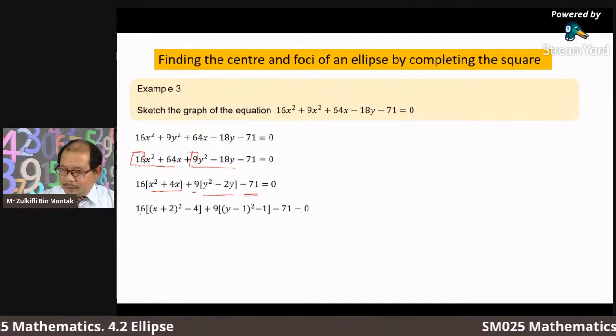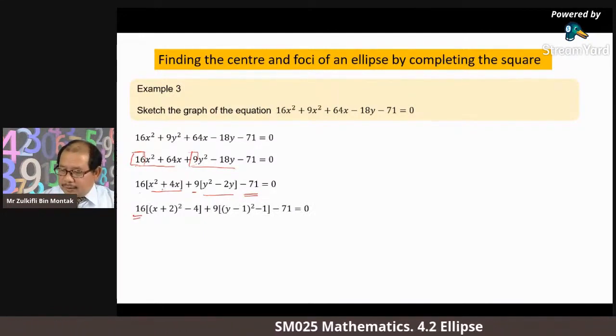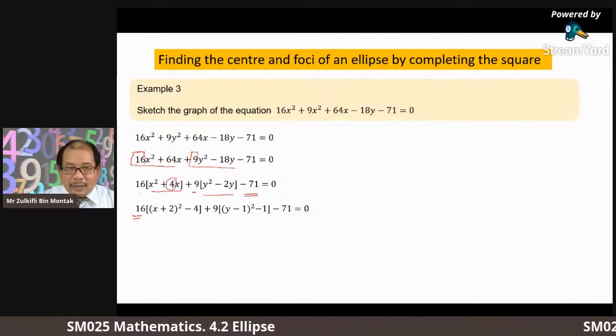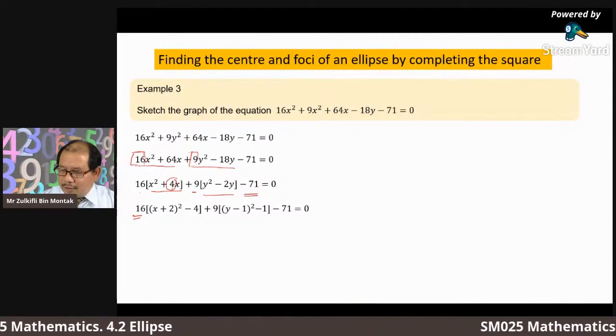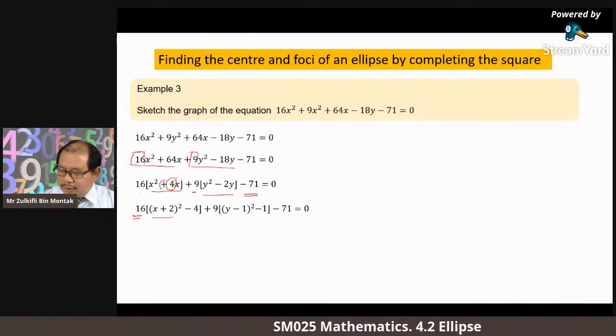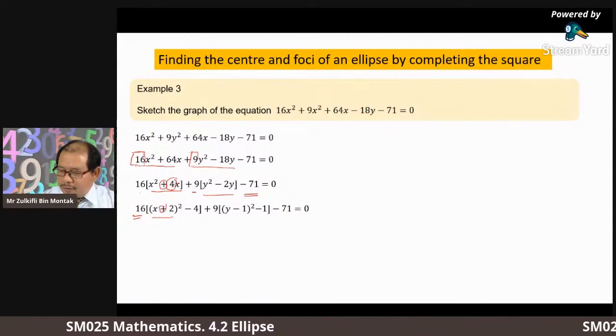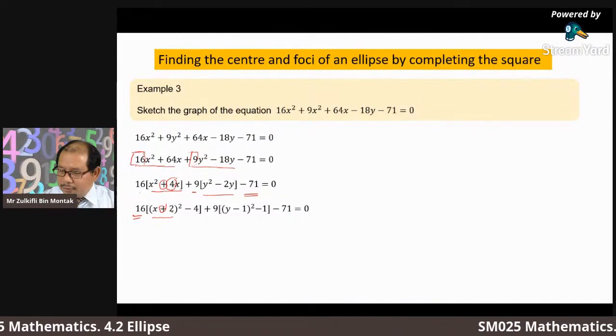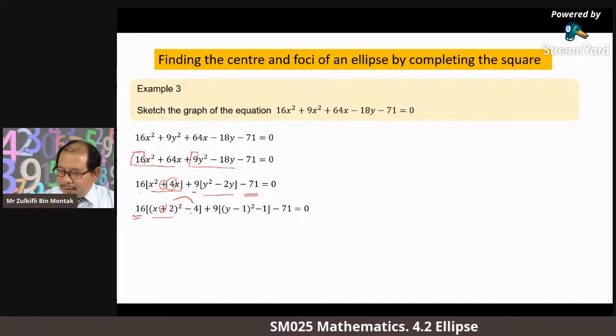Next, to complete the square, you look at the coefficient for x. The coefficient for x, you divide by 2, that means (x plus 2), because this is a plus, you use plus here. You get 2, so squared. After that, you must subtract 2 squared, that means 4.